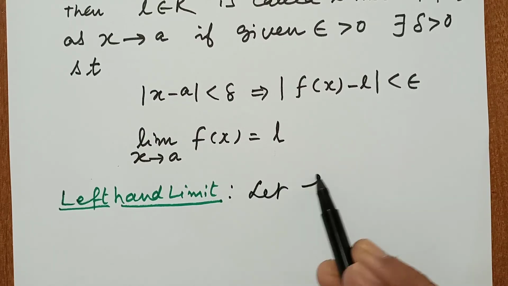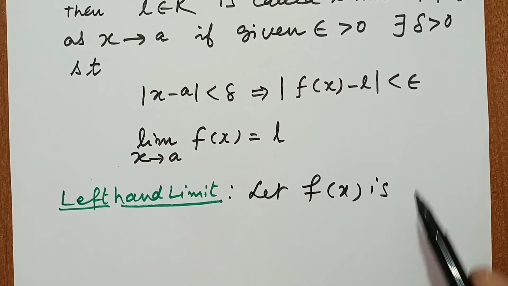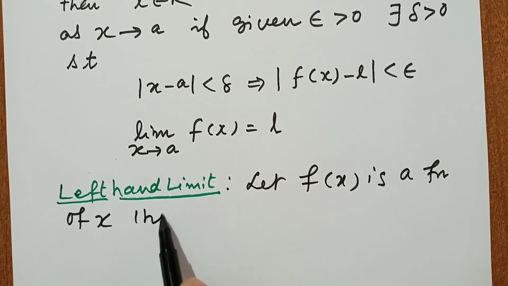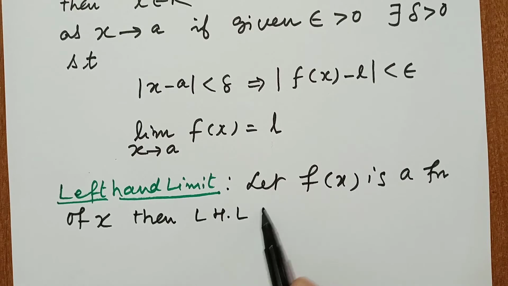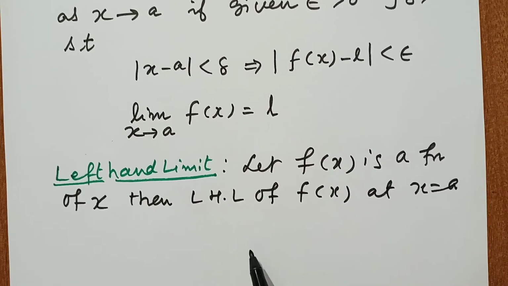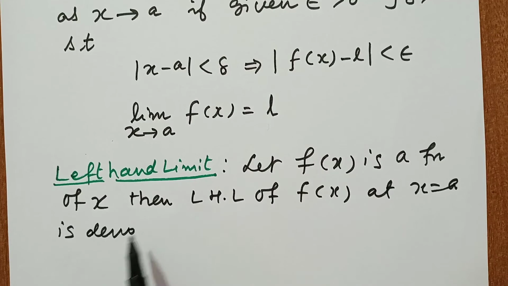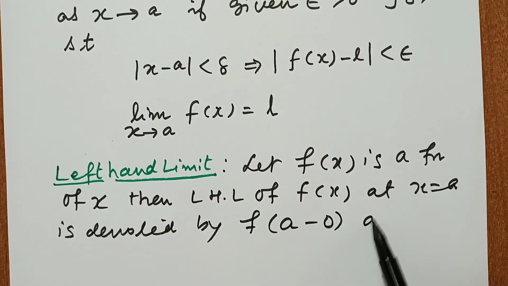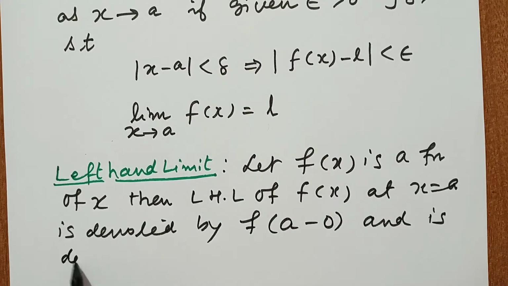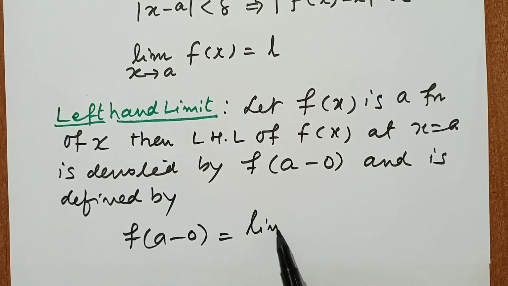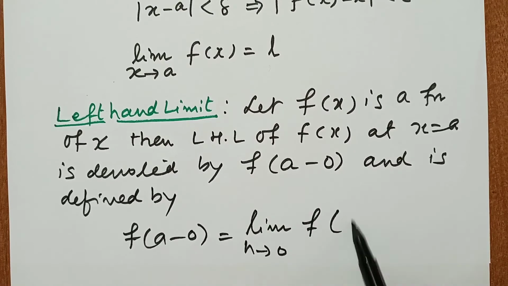Let f(x) be a function of x, then the left hand limit of f(x) at x is equal to a is denoted by f(a minus 0) and is defined by f(a minus 0) is equal to limit h tends to 0 f(a minus h).